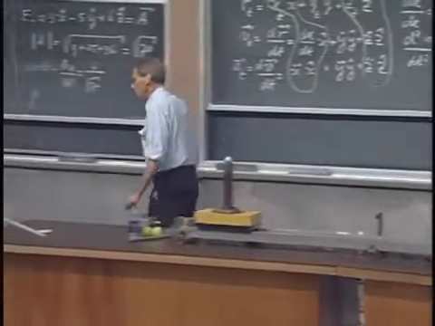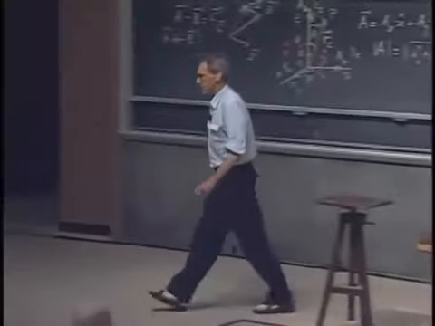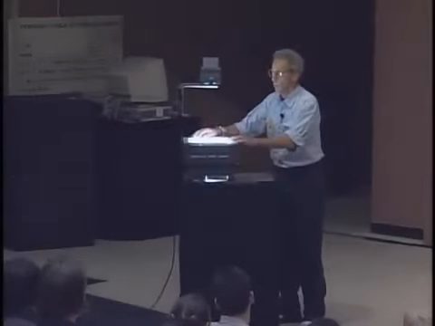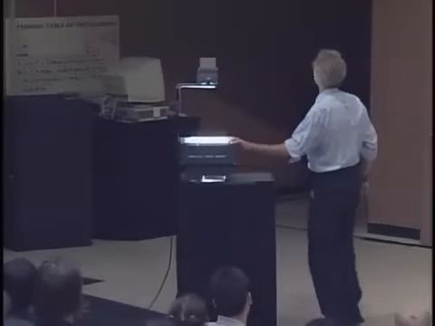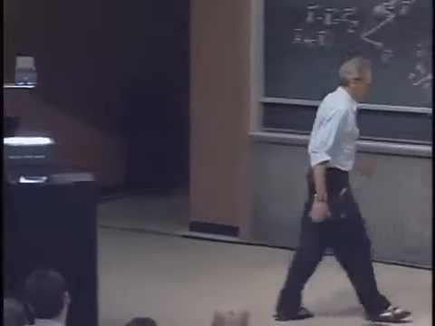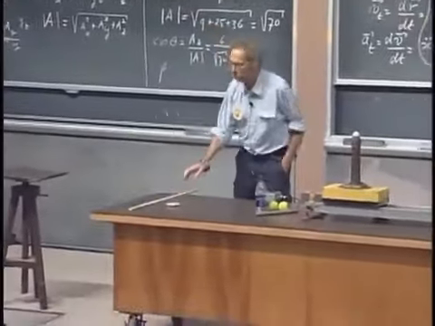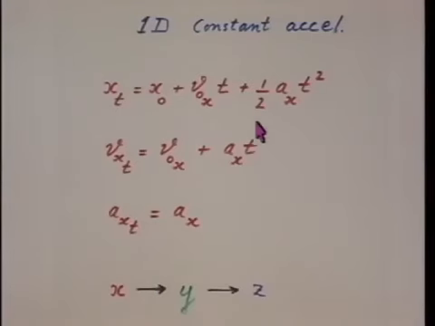We know the equations so well from our last lecture from one-dimensional motion with a constant acceleration. The first line tells you what the x position is as a function of time. The index t tells you that it's changing with time. It is the position at t equals 0 plus the velocity at t equals 0 times t plus 1/2 ax t squared if there is an acceleration in the x direction.